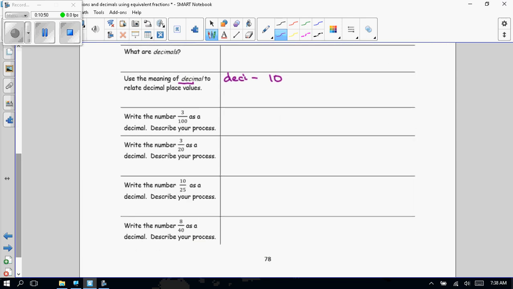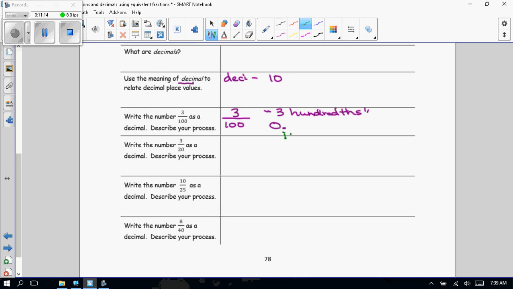All right, we've got the number 3 over 100 as a decimal. And it says, rewrite this, right? So 3 over 100, or I could read it, this is 3 hundredths. So I know 0 point, and then you're like, oh, what do I do? You can do like we did a minute ago.